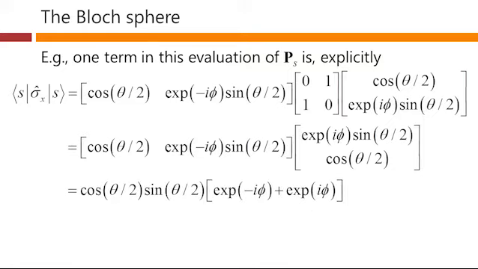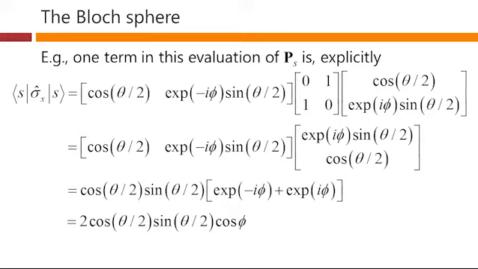e to the i phi sine theta over 2 will give us cos theta over 2 sine theta over 2 times e to the plus i phi. And then cos theta over 2 times e to the minus i phi sine theta over 2 just gives us cos theta over 2 sine theta over 2 e to the minus i phi. Well, we recognize, of course, that this is just 2 times the cosine of phi.